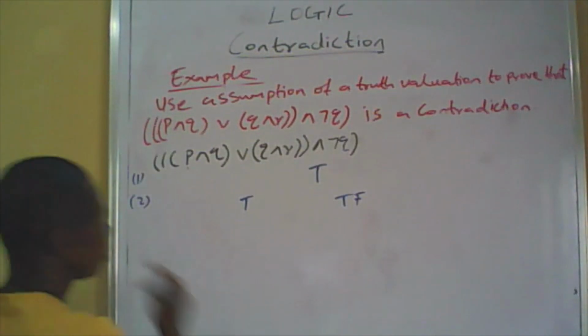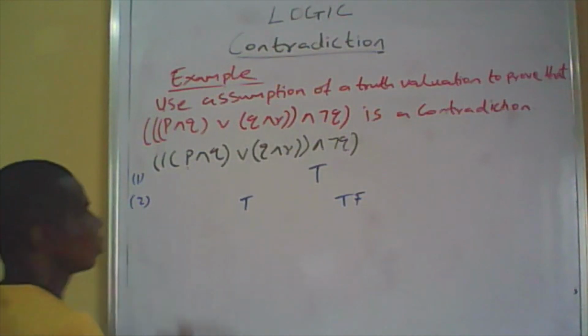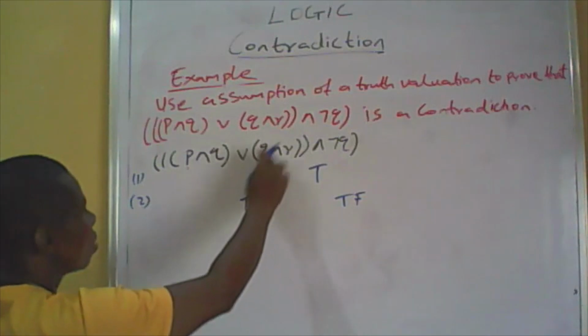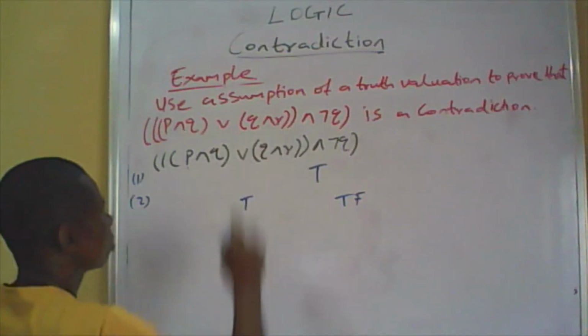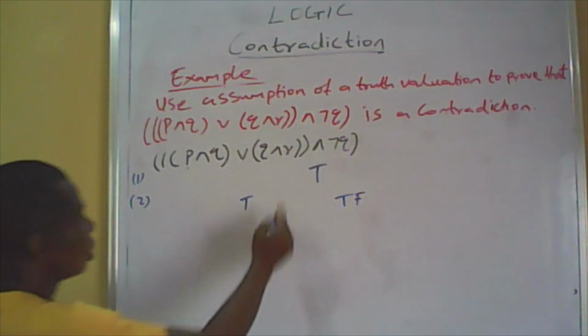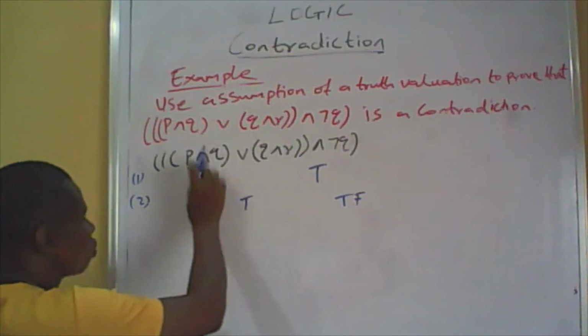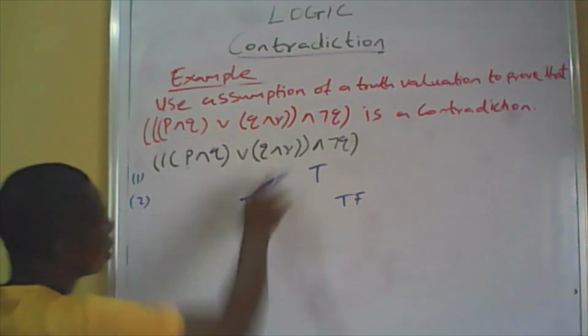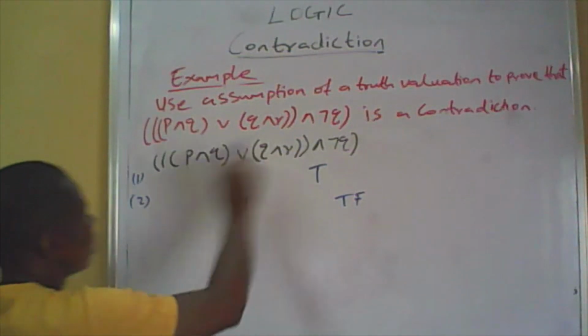Then here we have Q and R. This statement should be true, that means this one should be true, or this one is true. This one is false, this one is false. But let's assume that this one is true.